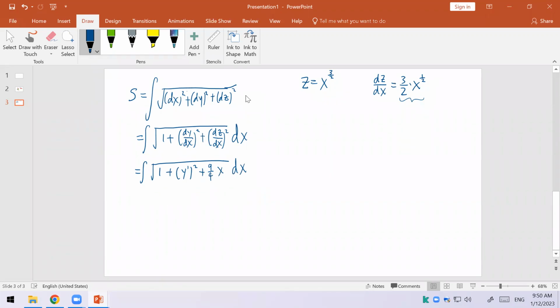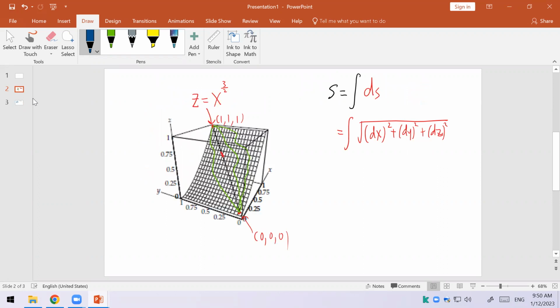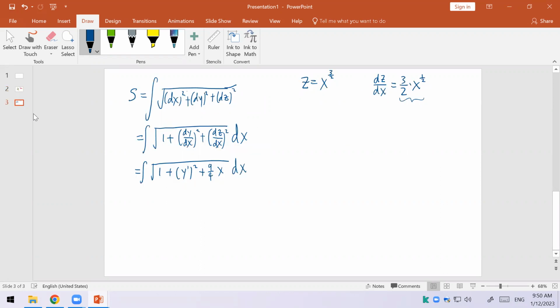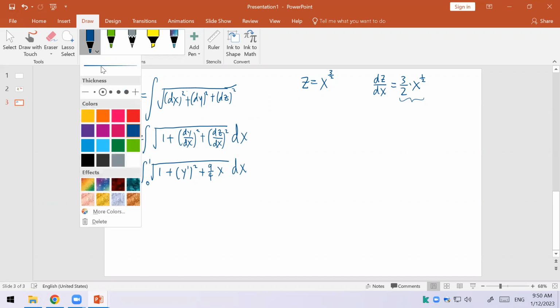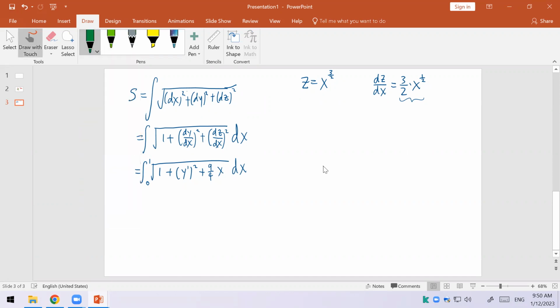And we know the lower and upper limits, because I told you that one of the points is 0, 0, 0 and the other is 1, 1, 1, so x just goes from 0 to 1. So we have set up the integral already, and this is the function f that we have, the integrand.